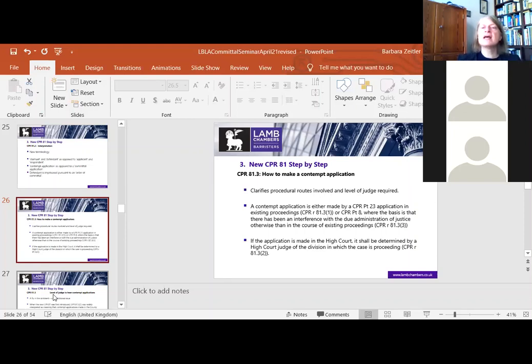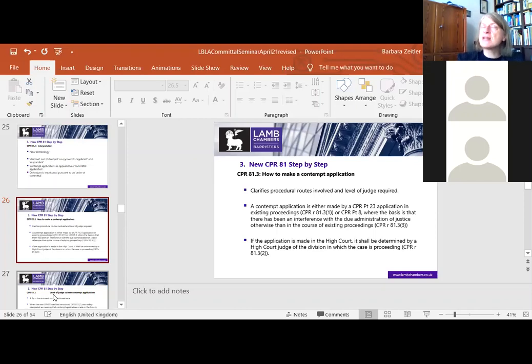81.3 is that it sets out that in existing proceedings, which is, I think, what we are talking about today, specifically in the context of antisocial behaviour, a contempt application is made by using the provisions of CPR Part 2023.